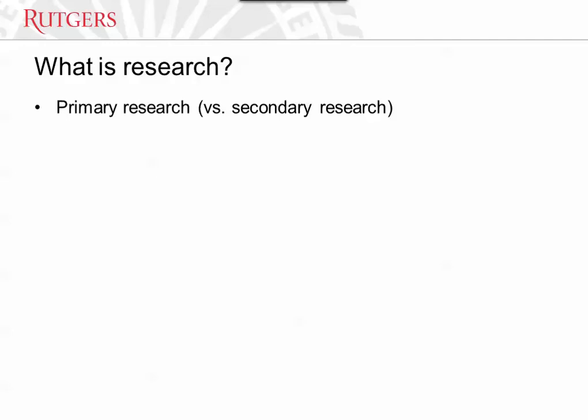It's called primary research, meaning that it's the activities, the methods that are used to produce the research that then goes on to be published or to be included in a report, and not the kind of research you would do in a library to look up facts or information that's already available. So we're going to look at the original methods that produce primary research.